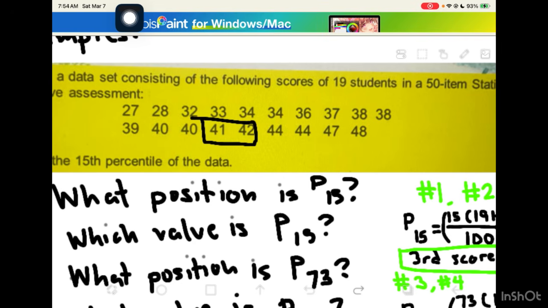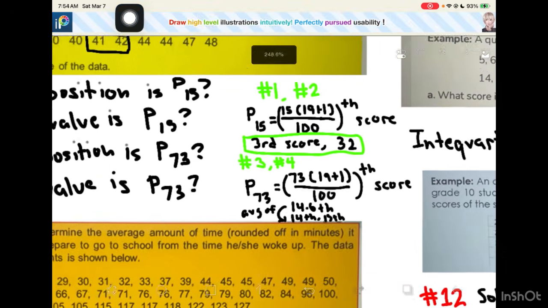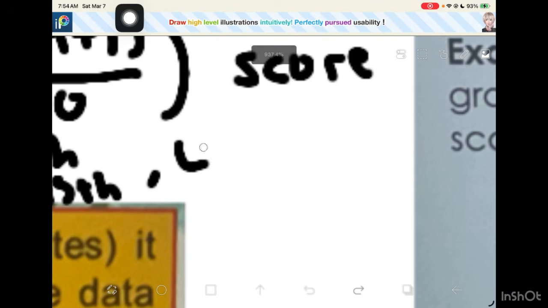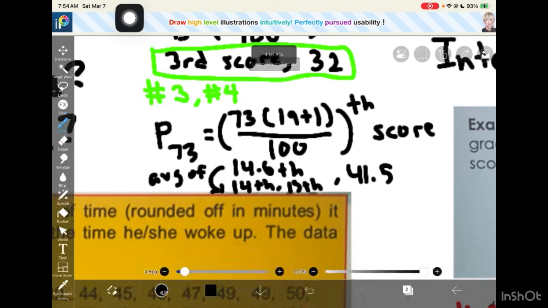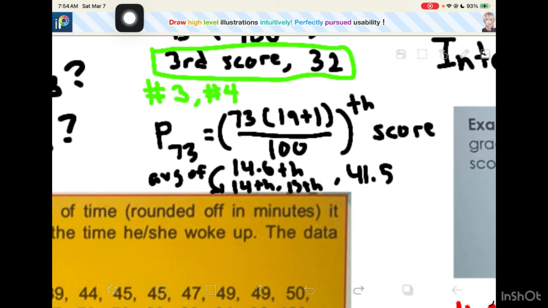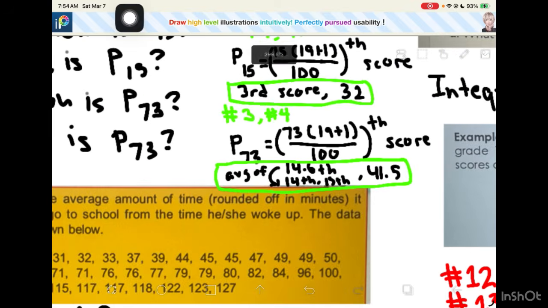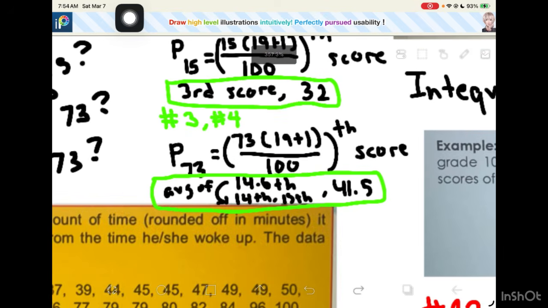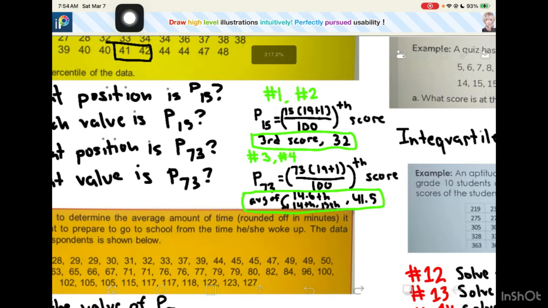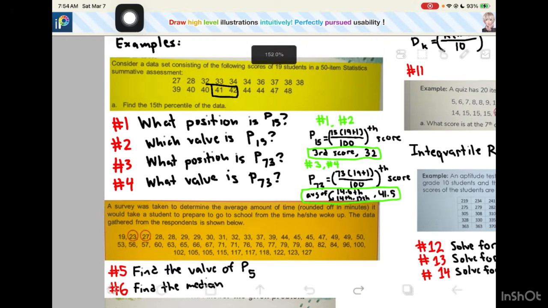So it's this one. So the average of 41 and 42 is 41.5. And that's the answer for numbers 3 and 4. The position is 14.6, or the average between 14 and 15, and then it's 41.5.